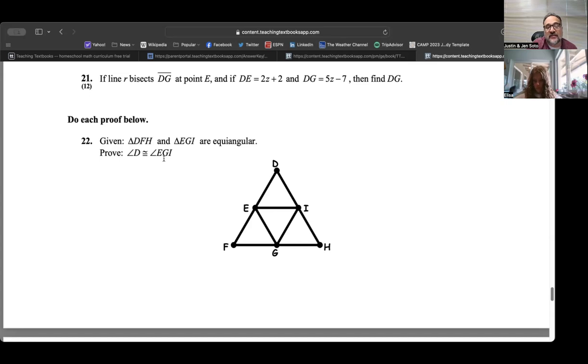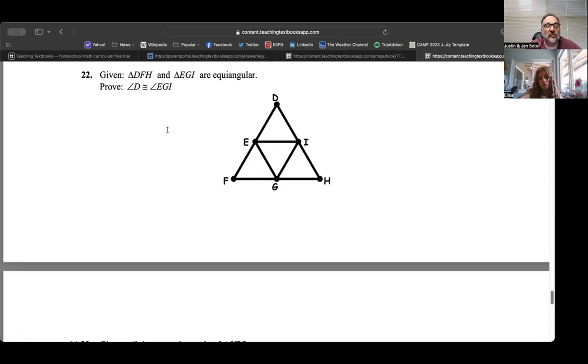If they're both 60 degrees, then they're congruent. So it's just a three-step proof. The first step is the given. The third step is the proof. The middle step is that these angles have to be 60 degrees because they're angles inside an equal angular triangle. Okay?